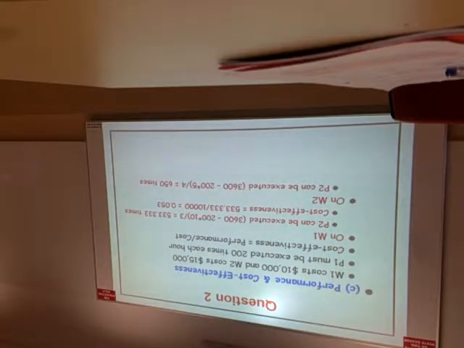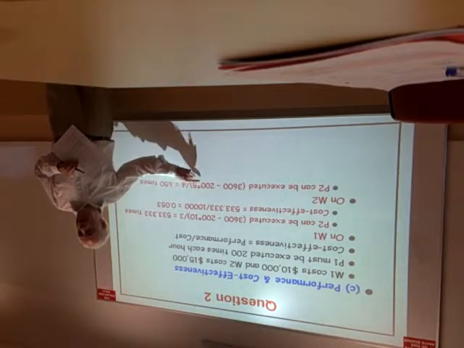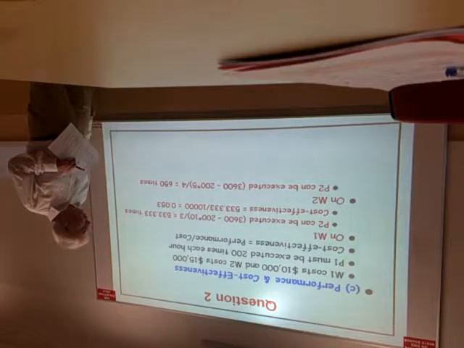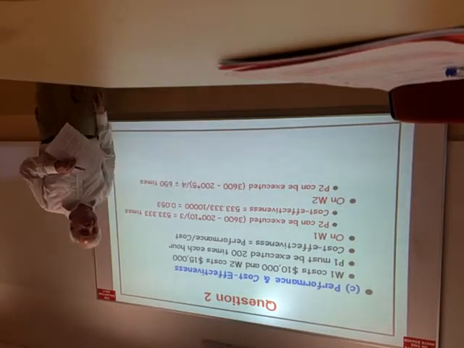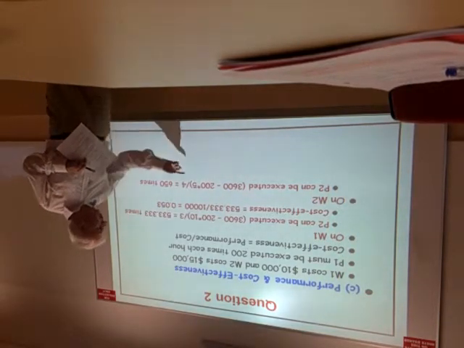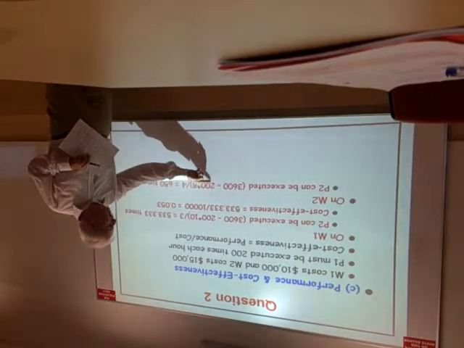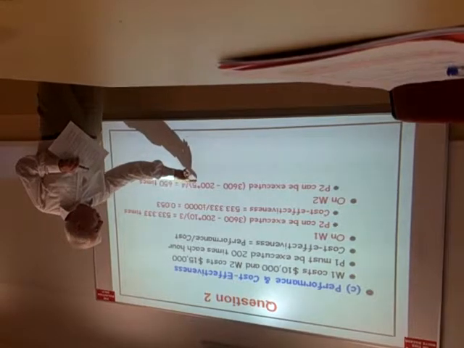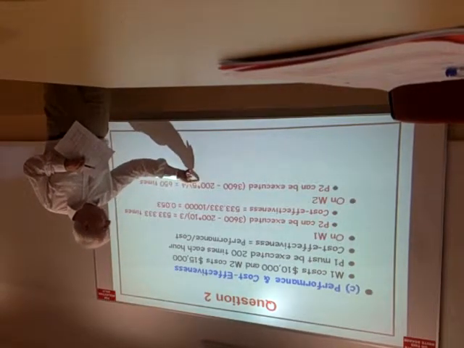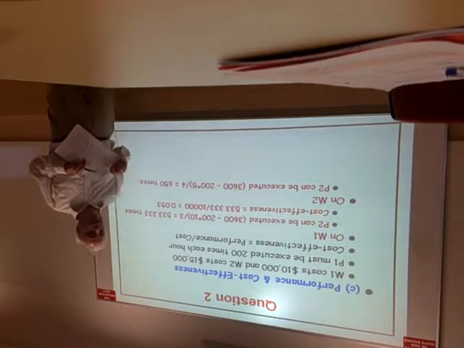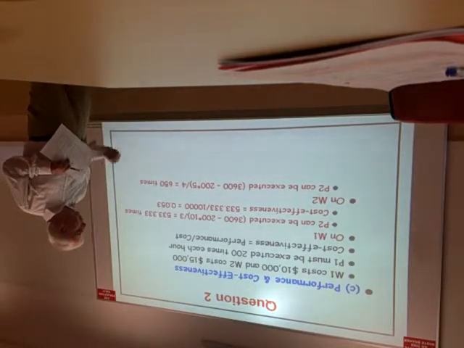So again, on machine M2, program P1 takes 5 seconds, and we have 3,600 seconds in an hour. So program P1 will take 200 times 5, or 1,000 seconds, which leaves us with 2,600 seconds left.